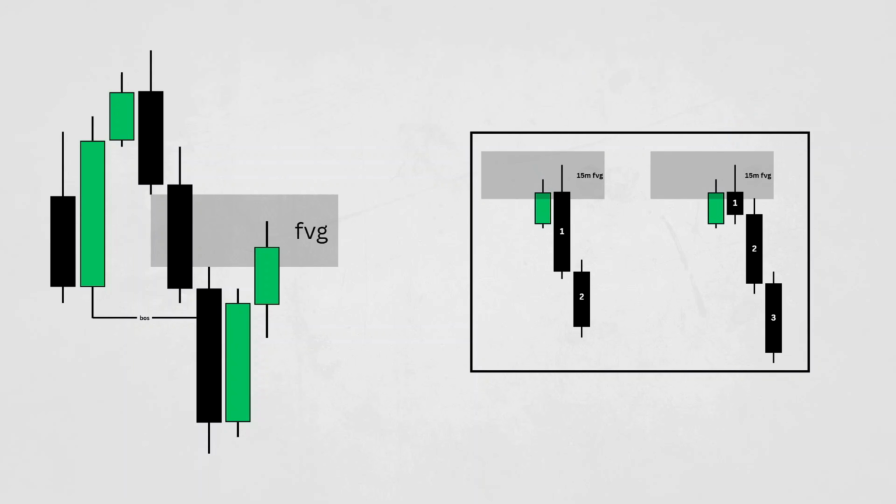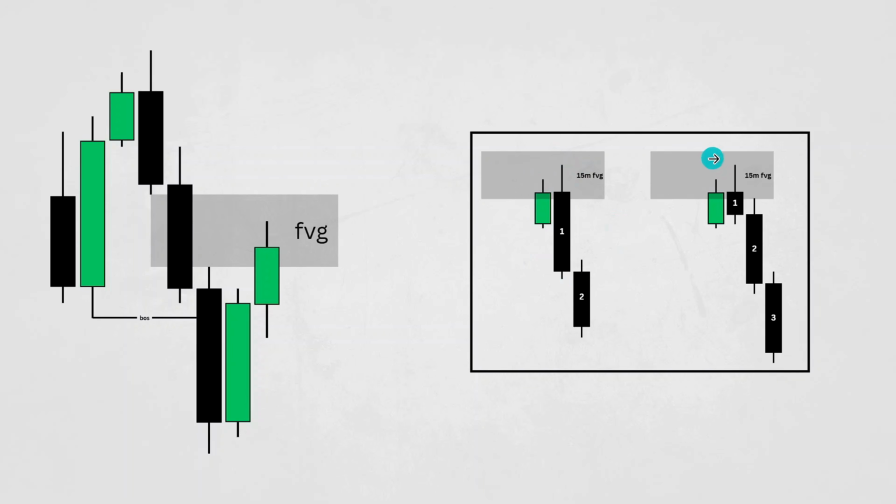Now, let me explain each entry pattern individually. So in this entry pattern, what I want you to watch out for is for price to displace below the last bullish candle. As you can see, price came back into this 15 minutes fair value gap and then it displaced below this last bullish candle, leaving behind a fair value gap.